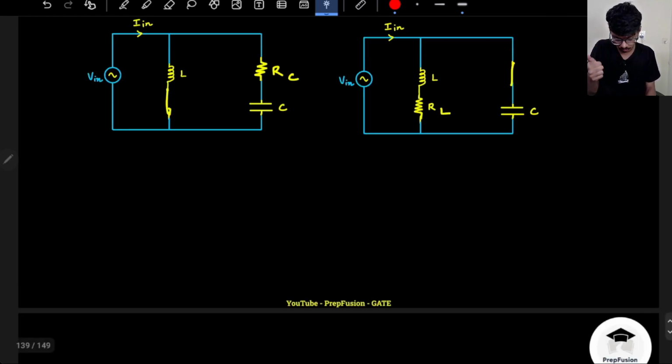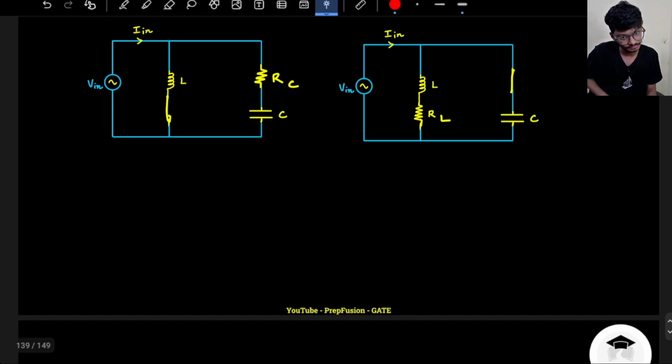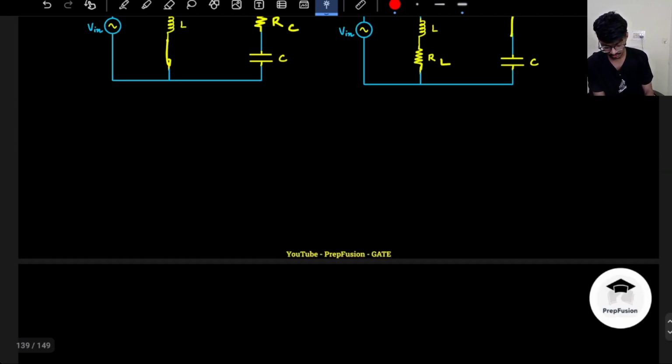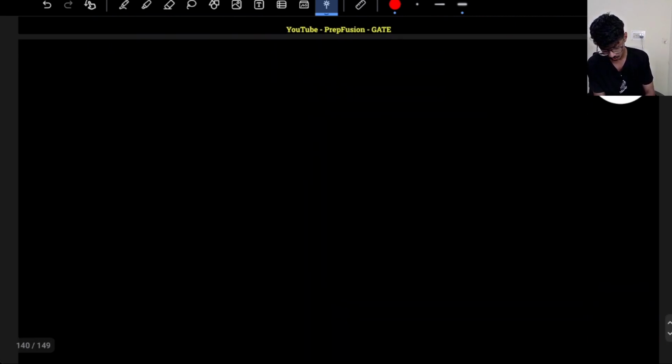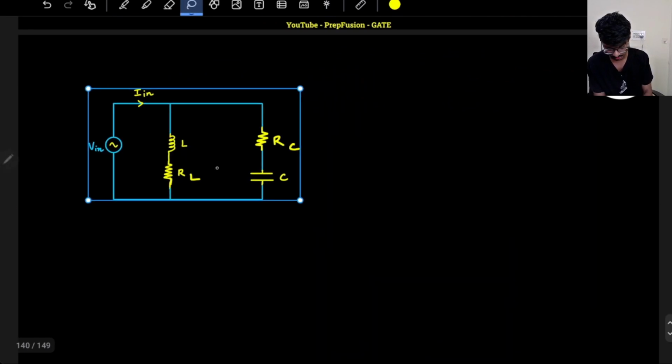Okay, so one more question is there: for this same circuit to always work in resonance, what shall be the condition of RL and RC?